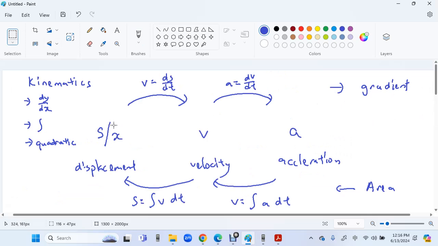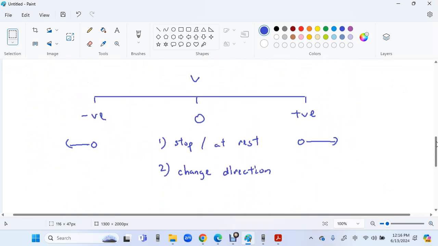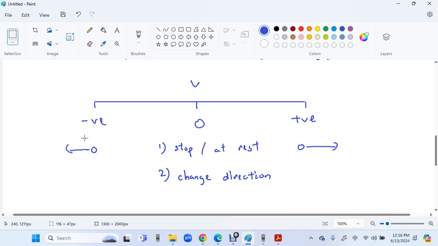And then we have velocity. When we go to the left hand side, the direction is to the left hand side, and the velocity is negative. When the direction is to the right hand side, then it is positive.